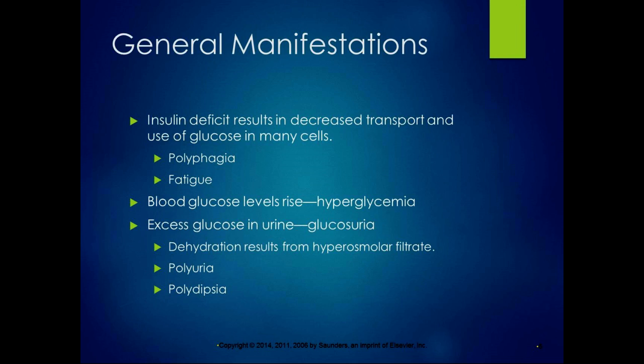And you're fatigued because your cells aren't getting adequate glucose. The blood glucose levels rise, which is called hyperglycemia. They rise because the glucose isn't getting escorted into the cells because you don't have enough insulin, or the cells are resisting the insulin's effect. You also have excess glucose in your urine, glucosuria.